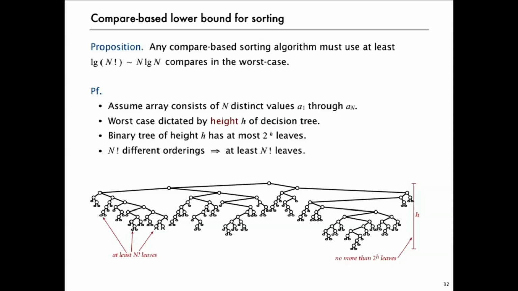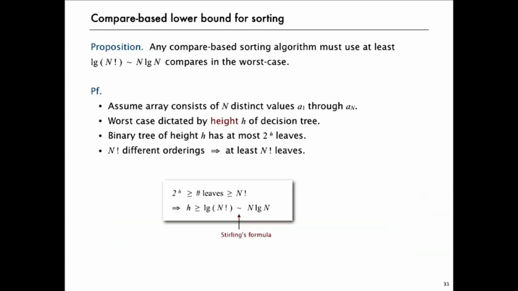So this tree has to have at least n factorial leaves, and if the tree is of height h, it has at most 2 to the h leaves. The tree that has the most leaves of height h is totally complete, and that one has 2 to the h leaves. And those observations give us the lower bound.